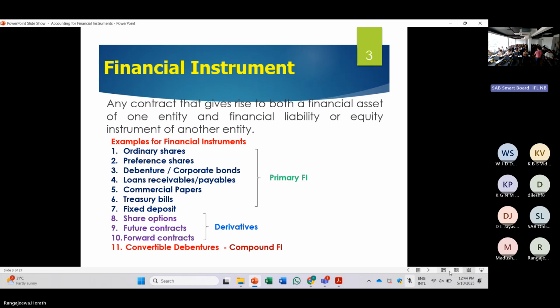Preference shares can be equity or liability based on the conditions in the preference shares. You may have heard of redeemable preference shares.